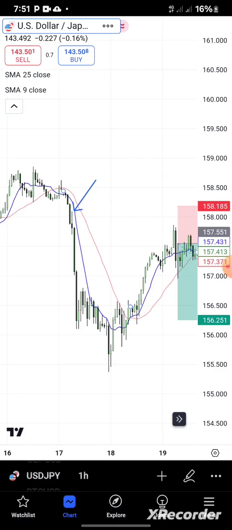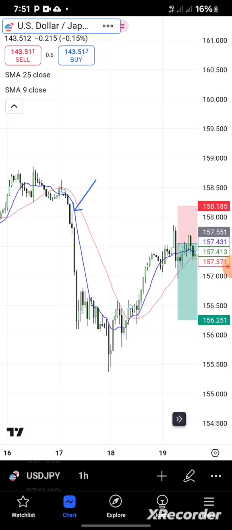That zone is brought because here there was an equilibrium in the market. The buyers and the sellers were equal in amount.